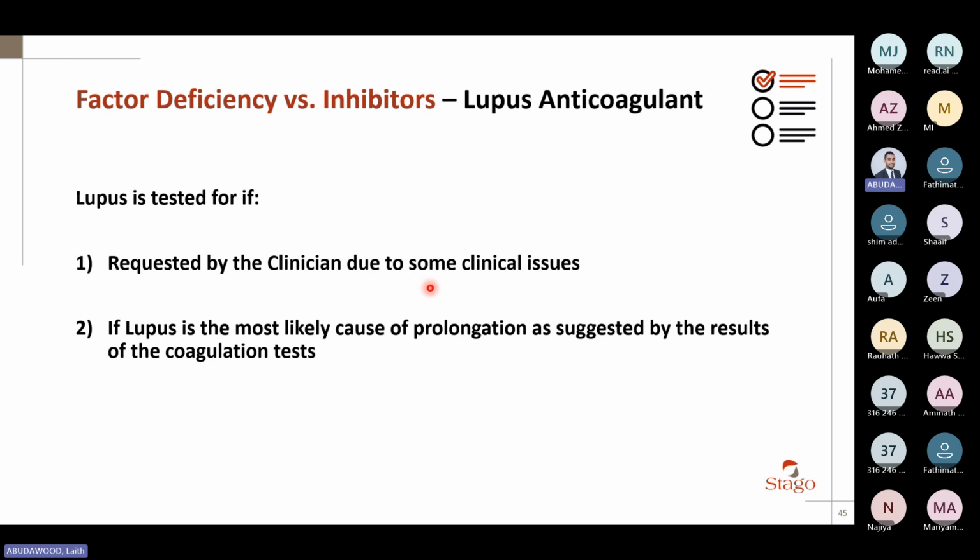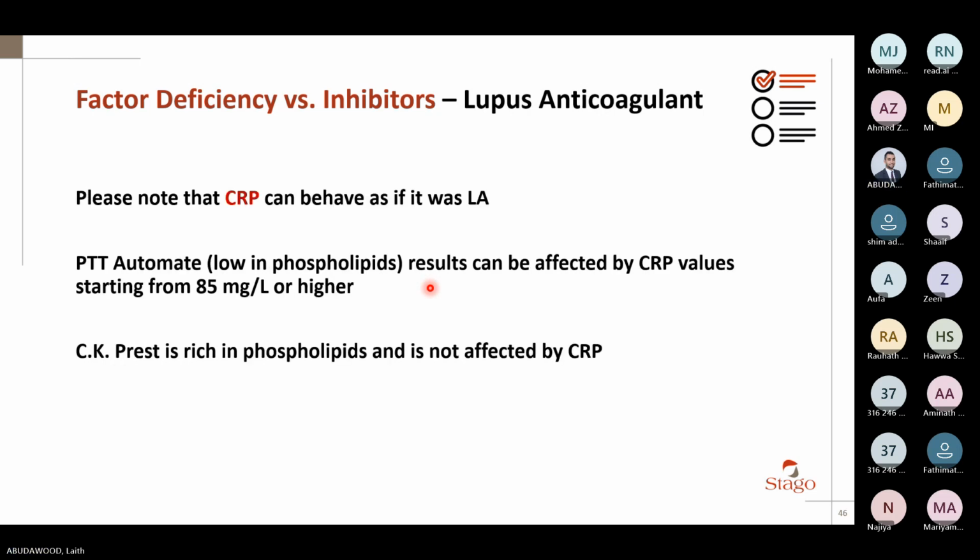Mixing is prolonged, but I know very well that the patient, for example, is not taking anticoagulant. I know the patient is highly unlikely to have anti-factor antibodies, for example. Then in this case, lupus seems to be the most likely reason for the prolongation. Okay, so in this case, I can go for lupus screening assays, and I will take it from there. Okay, so this is about lupus anticoagulant.